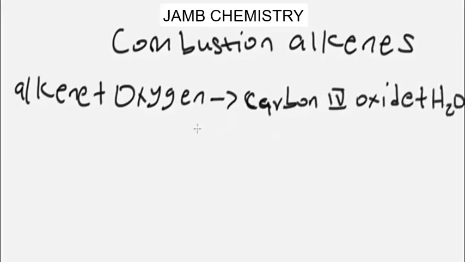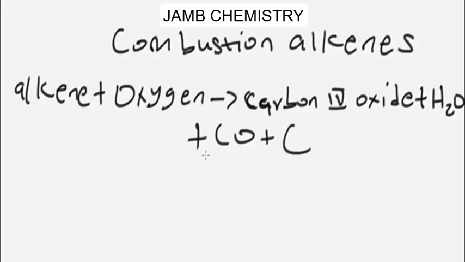We also have carbon monoxide, CO, and carbon if the combustion is incomplete. Also, as we all know, in the process of combustion, energy is released. So this is the basic information you have to know about alkenes for your chemistry.